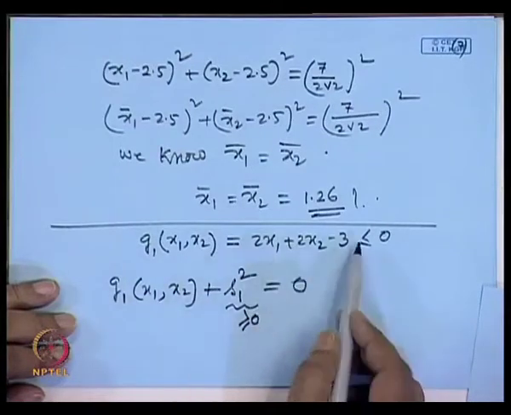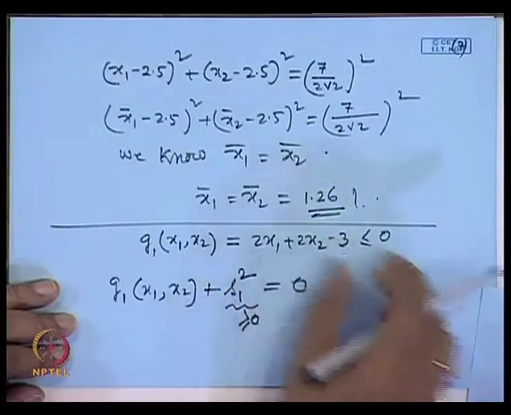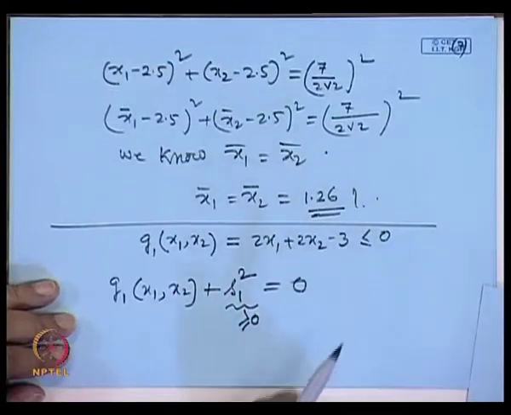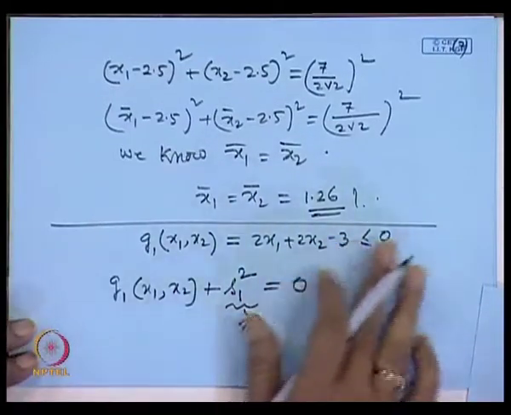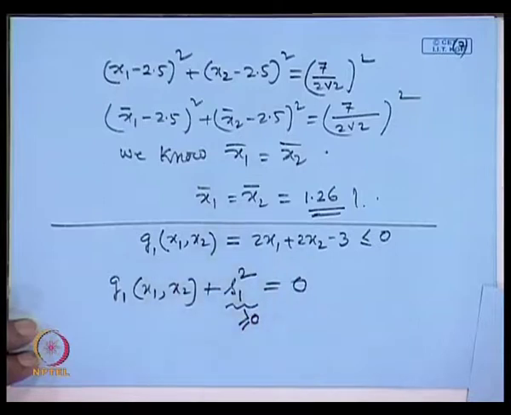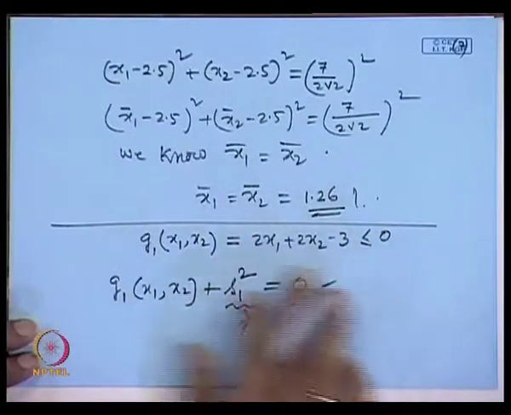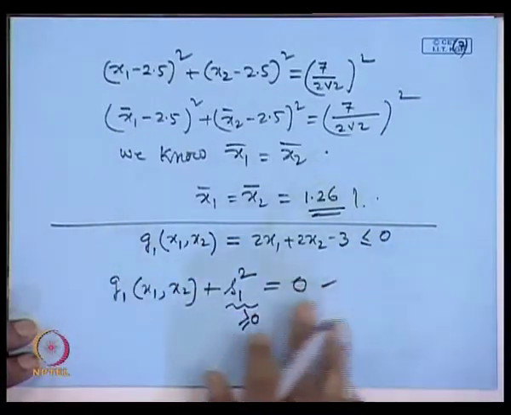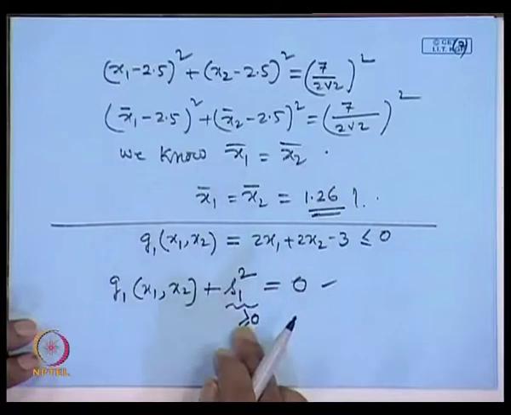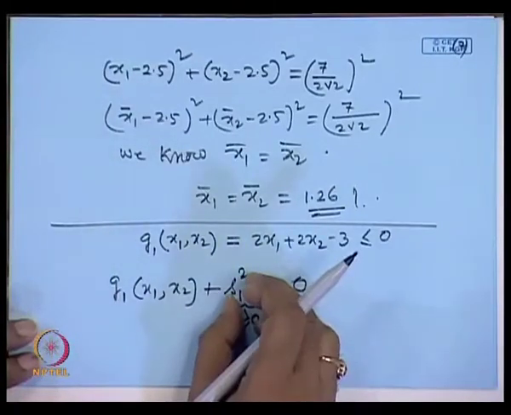Now, look at this one, when s is equal to 0, that means this satisfies the equality constraint, agree? So any inequality constraint I can now convert into an equality constraint by adding s1 square, which is greater than or equal to 0, and it cannot be negative.